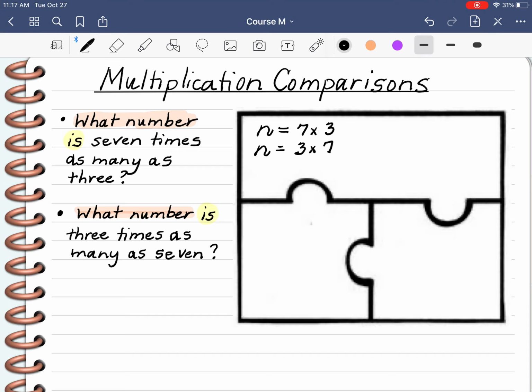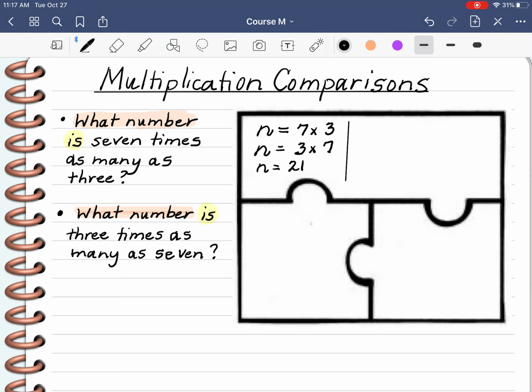3 times 7 is 21. 7 times 3 is 21. So in both of these expressions, these equations, the value of n is 21. And let me show you how I know that. Let's start with this first one.